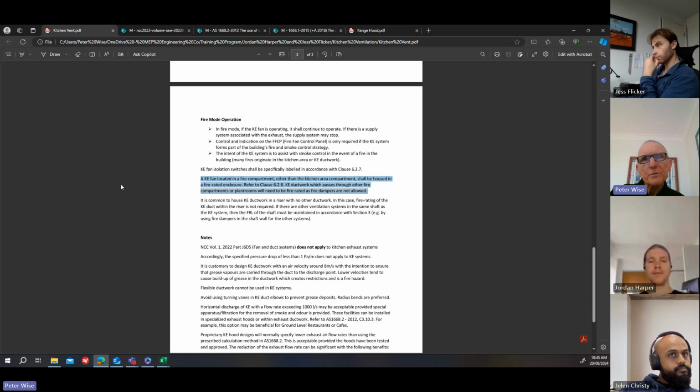But if it's next door or anywhere else, it's going into a different compartment. And so the kitchen exhaust fan would have to be located or housed in a fire-rated enclosure. And any ductwork outside the kitchen area may have to be fire-rated as well. You just have to look at the fire compartmentation, which will be on the architectural drawings, and then determine what you have to fire rate and what you don't.